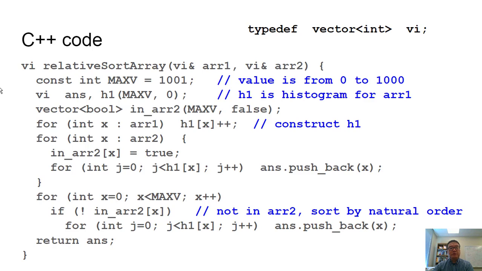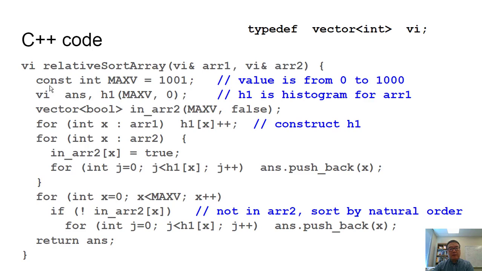Here, because I'm still solving the problem specified here, the max value is basically the size of the array for storing the histogram, because the value goes from 0 to 1000, so max v is 1001. And h1 is the histogram for array 1. Answer is a vector that I'm going to construct, and then return as the result.